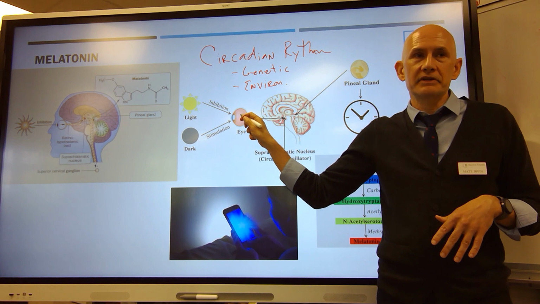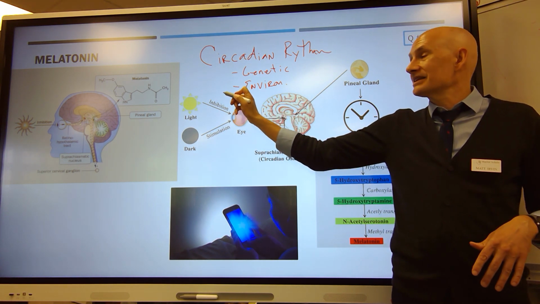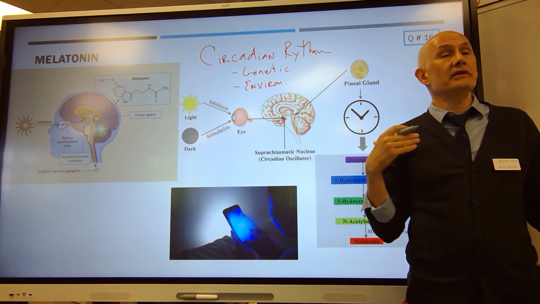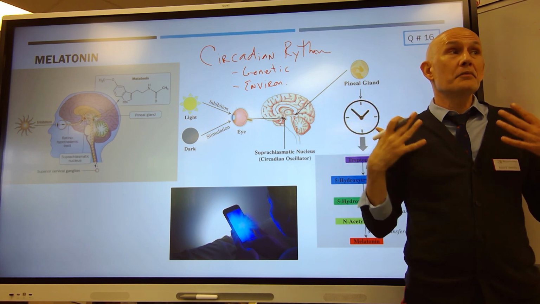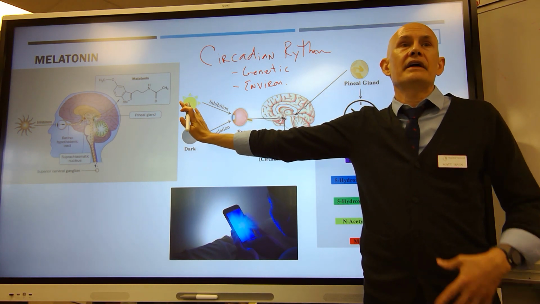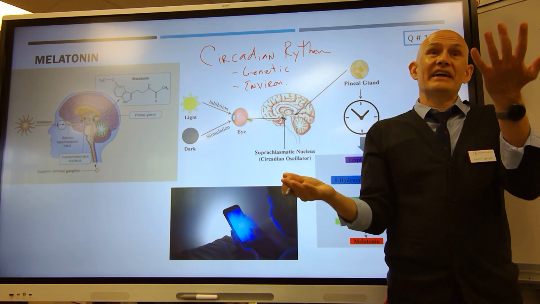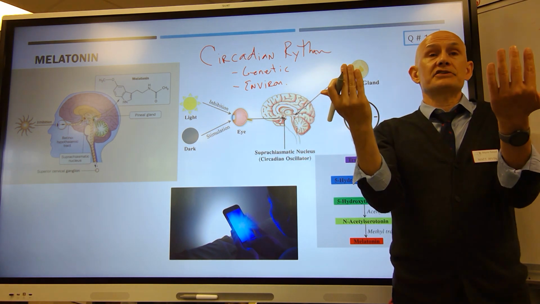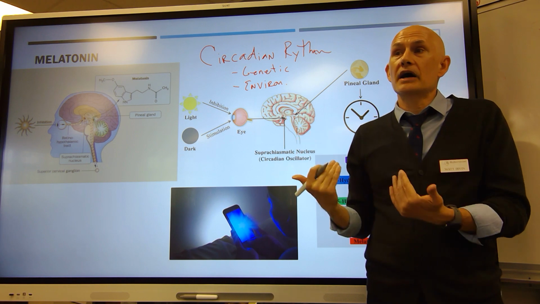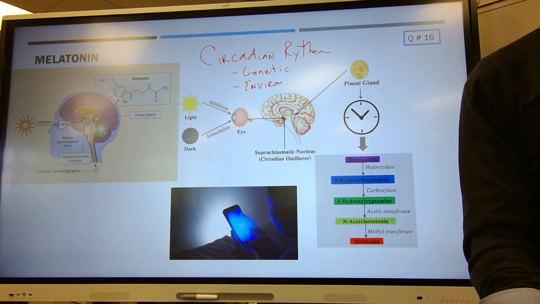Darkness stimulates the release of melatonin, and so it's the light-dark cycles that regulate your circadian rhythm. If you remove that external, then you'll have a natural genetic circadian rhythm, but they are not the same. So the external environment actually can override your genetic levels.